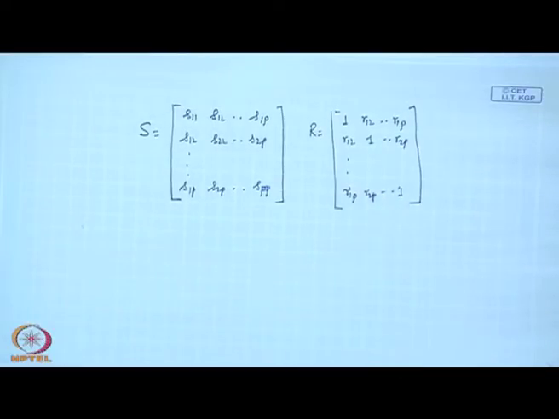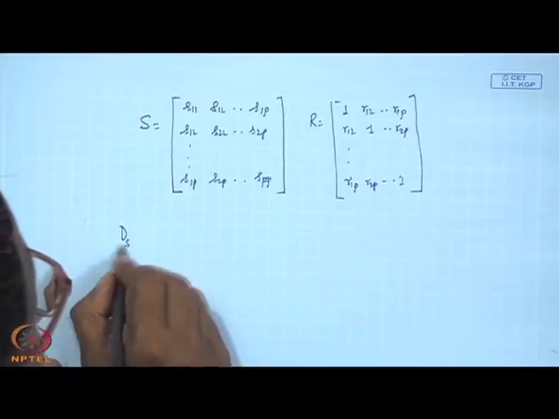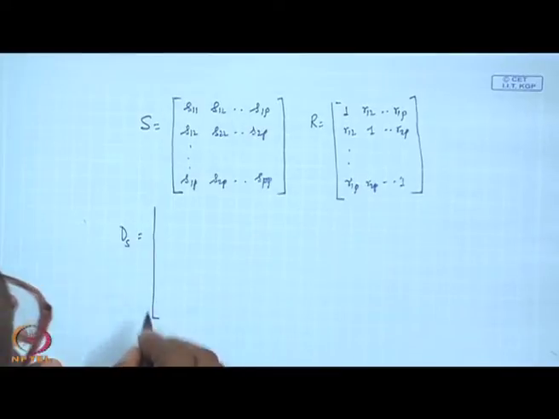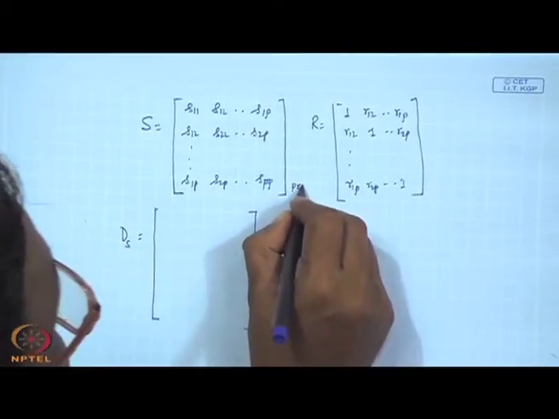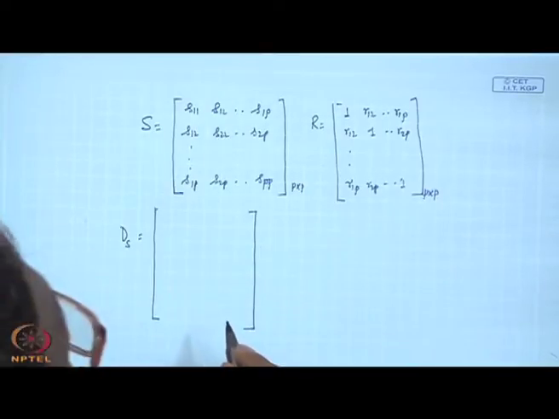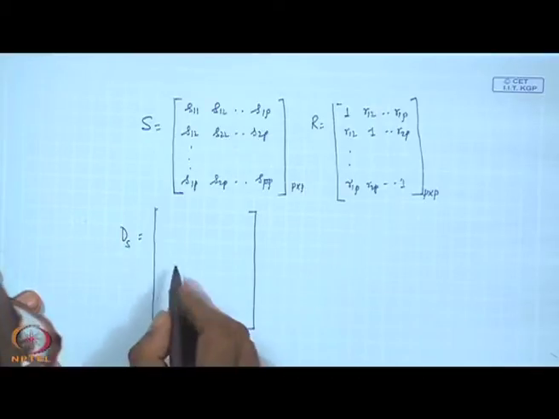So, you create another matrix, diagonal matrix DS. This one is the same p cross p matrix. This is p cross p, this also p cross p. Same p cross p matrix, only the diagonal elements will be the variance components and the off-diagonal elements will be 0.